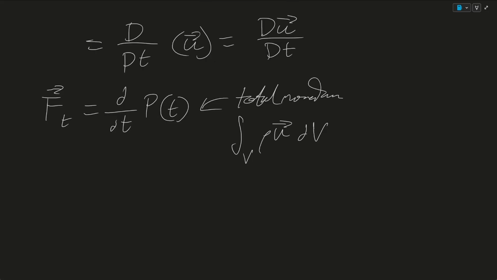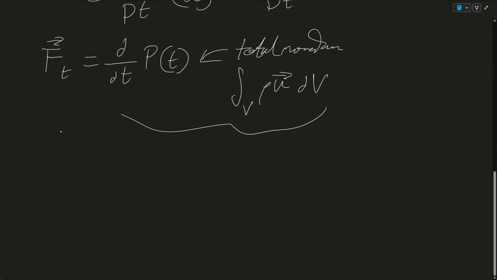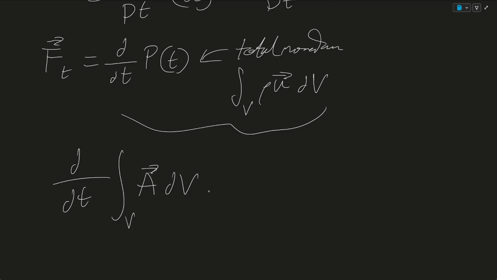Now we differentiate the integral because obviously we want to find a value for this. Now we can use something called the Reynolds transport theorem here to look at this section. So I'll just write it out first of all. This is just a quantity A that we're integrating and differentiating with respect to.